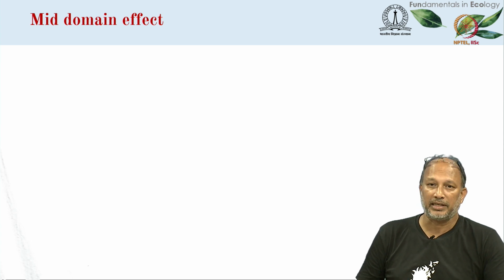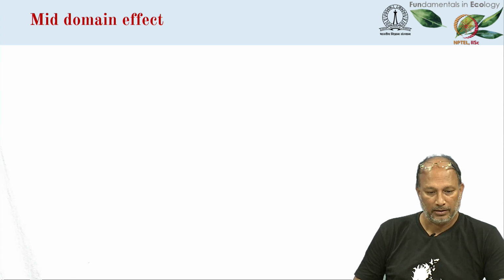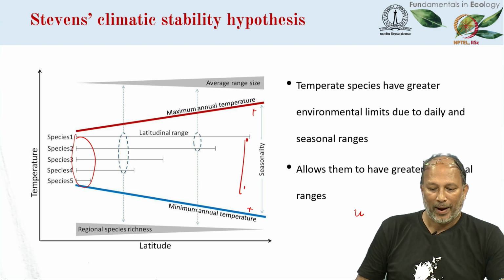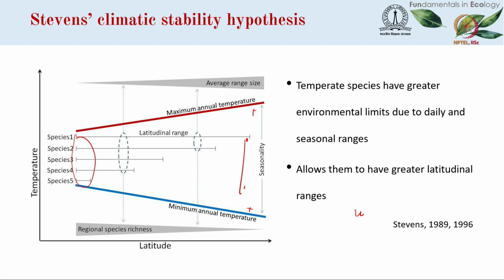However, one important thing that this has led to was, if I go back a slide, when species extend their ranges, so if this northern species had only been found in the northern latitudes, and the species in the middle were adapted here, species in the southern latitudes were here, these would be contributing to the species richness of the regions they were adapted to. But because these have higher tolerance limits and they extend their range all the way south, they overlap in range with the southern species, thereby increasing the species richness here.